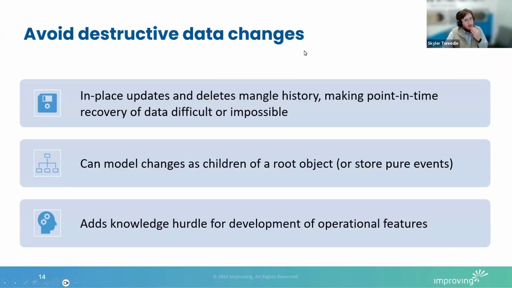Another concept is avoiding destructive data changes. In-place updates and deletes can mangle your history, making point-in-time recovery of data difficult or impossible. As an example, let's consider that products list we had, and let's say I just have a product and a price.